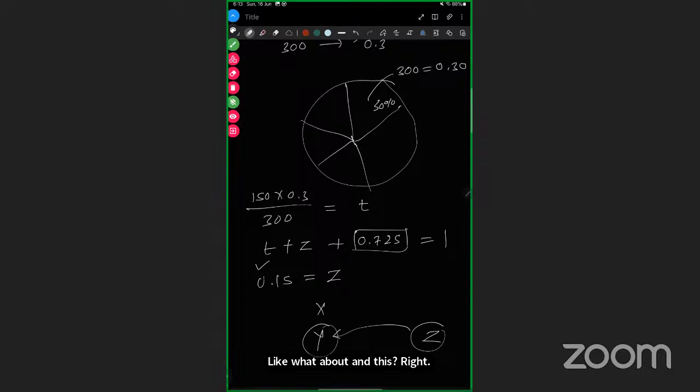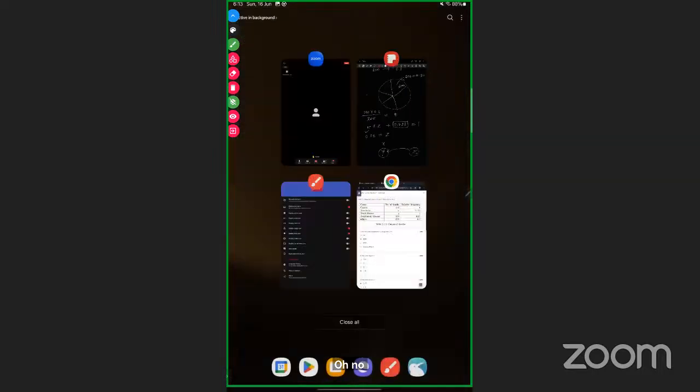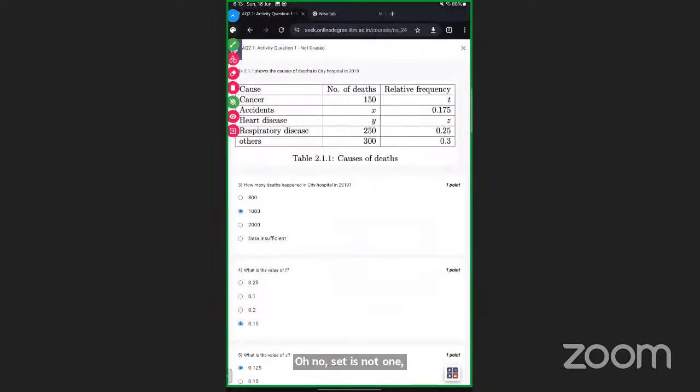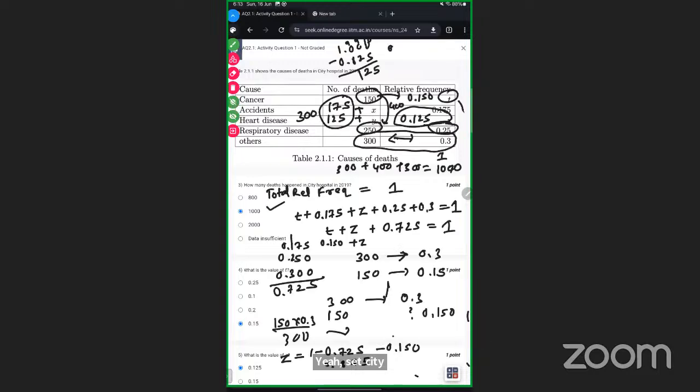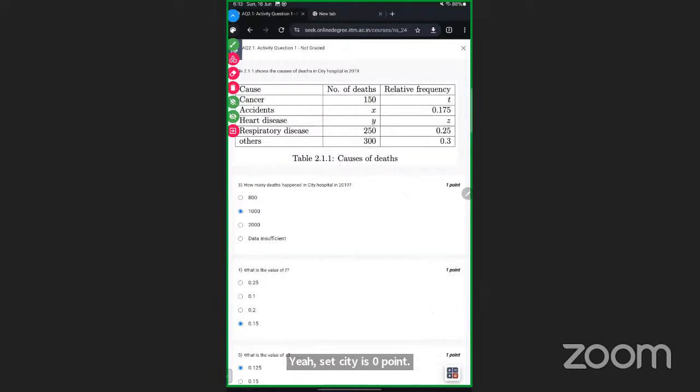T is 0.15, and Z comes from adding all these things together and using the fourth one.